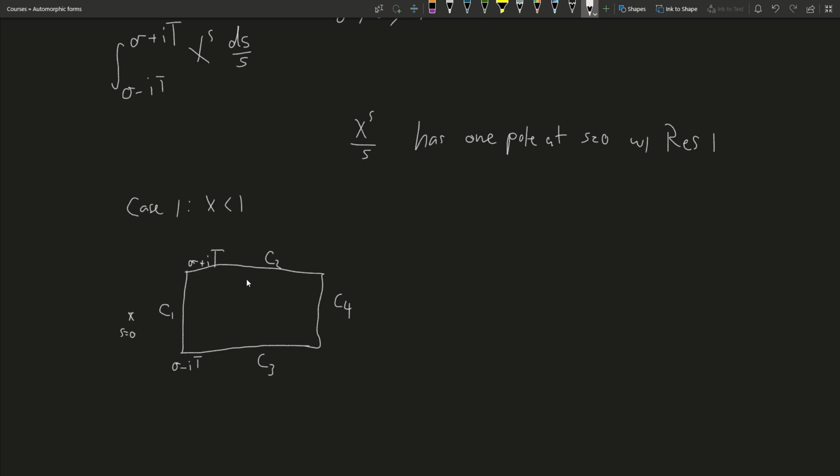And of course, the integral along the entire thing of x to the s ds over s is 0 by Cauchy's residue theorem, because there are no poles in this region, and the integrand is holomorphic.